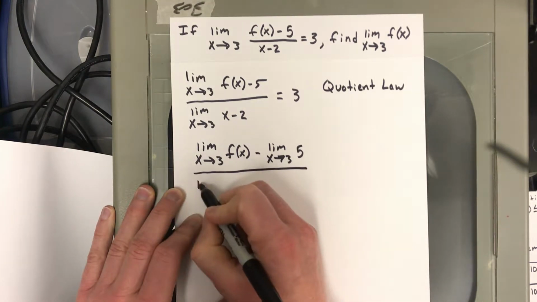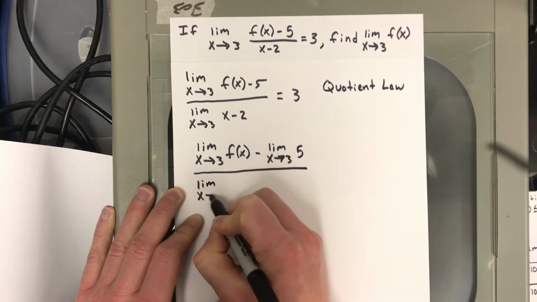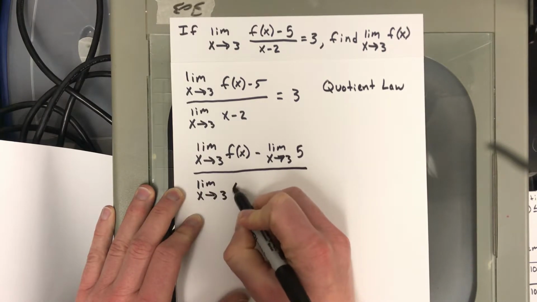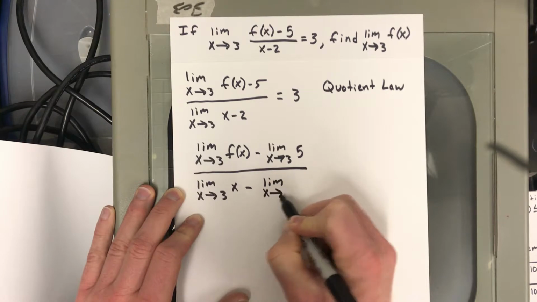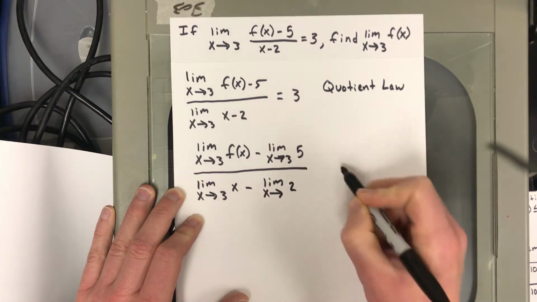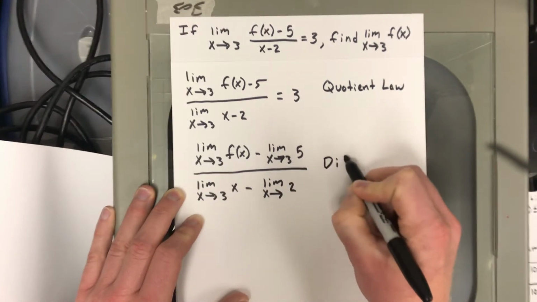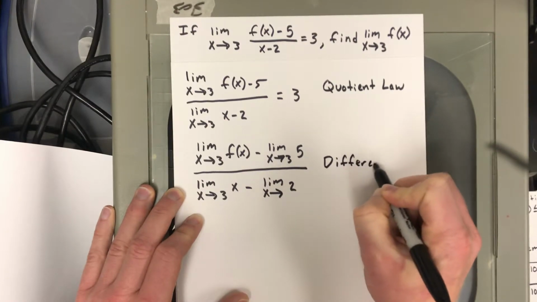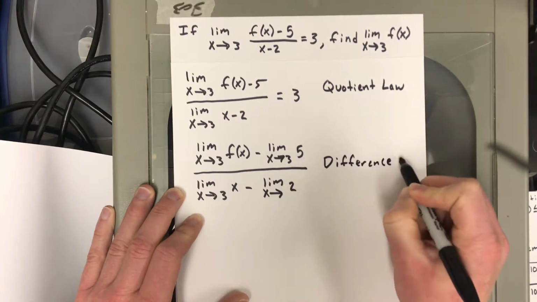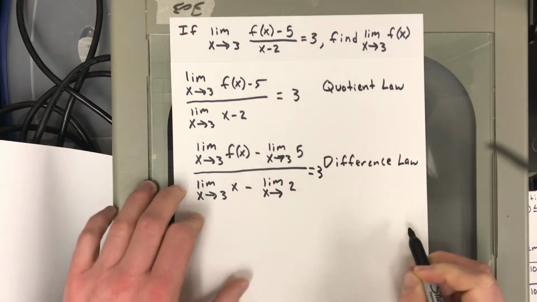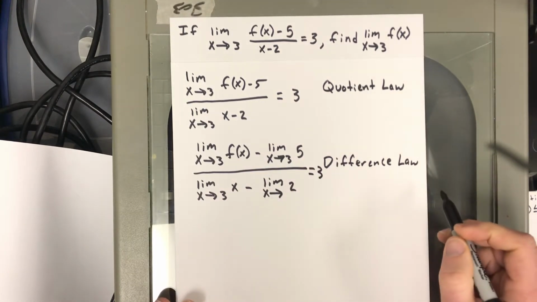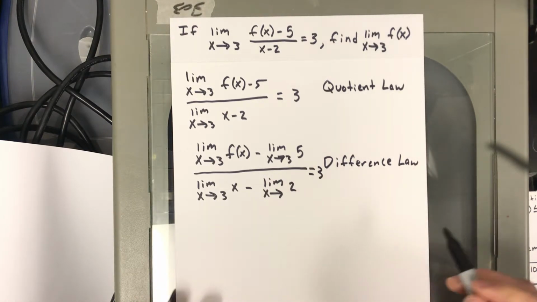That's going to be the limit as x approaches 3 of x minus the limit as x approaches 3 of 2. So that was the difference law. And I better put equals 3 right here. Okay, but that was using the difference law. Sorry for that scrunching there.